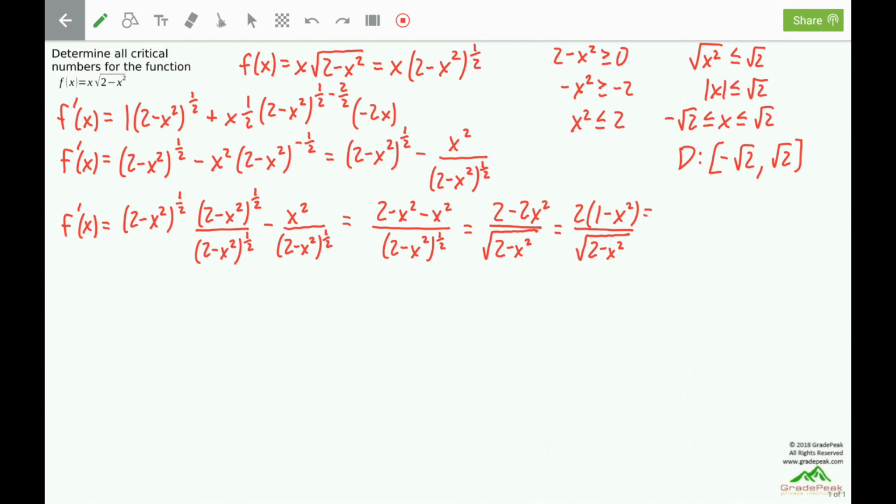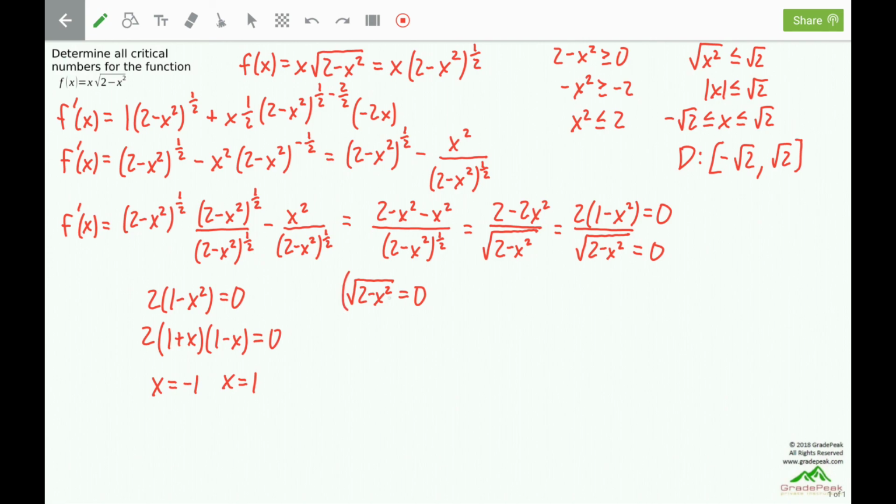We can now set the numerator equal to 0 and the denominator equal to 0 to find critical numbers. Starting with the numerator, which is 2 times 1 minus x squared equals 0. 1 minus x squared is a difference of squares and factors into a 1 plus x and a 1 minus x. And solving for x from each of these, we end up with x equals negative 1 and x equals positive 1. Now working with the denominator, the square root of 2 minus x squared equals 0.